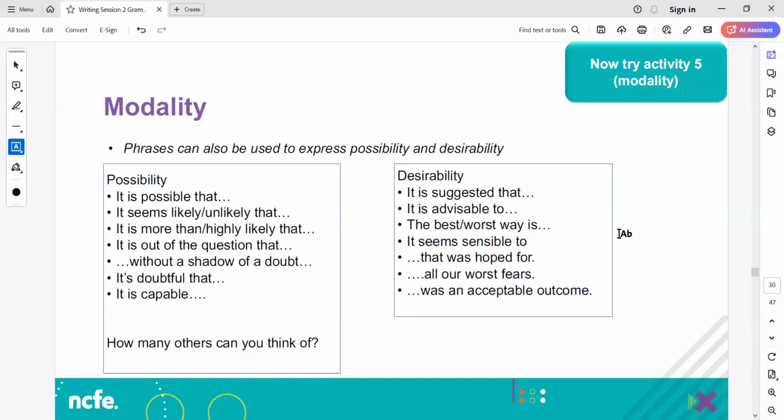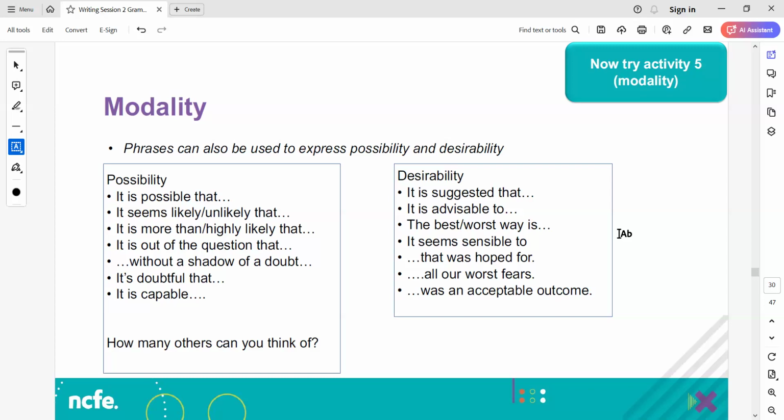Not sure about that last one. But the others, definitely, using those modality devices, those tools, can help you to express that possibility in your writing. So rather than just always choosing the word might or maybe, you can give more detail about how likely that is.